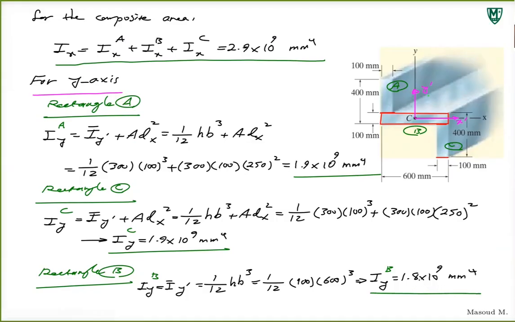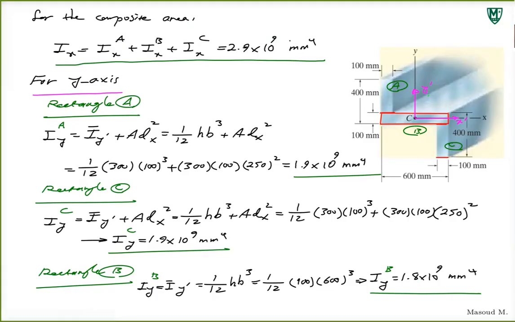Since this composite cross section is formed by these three rectangles, the area moment of inertia for this composite area is the summation of the moments of inertia for these three rectangles, right? There is no cutout, there is nothing else there.